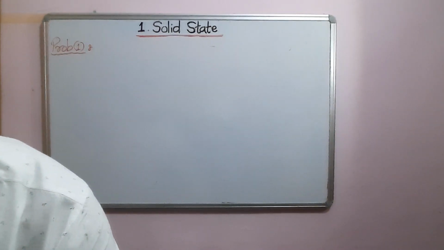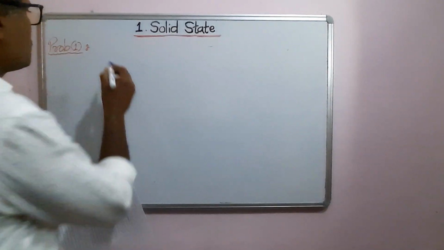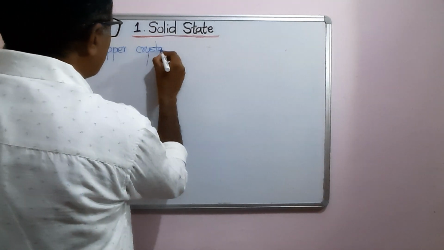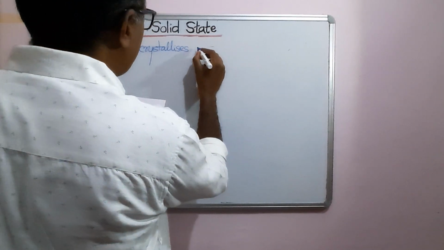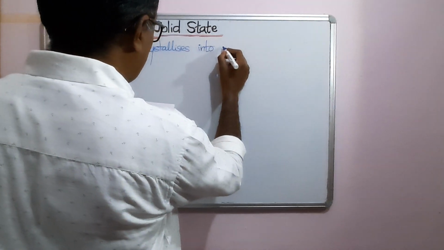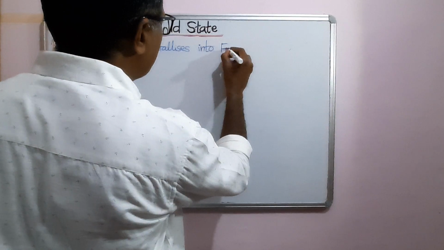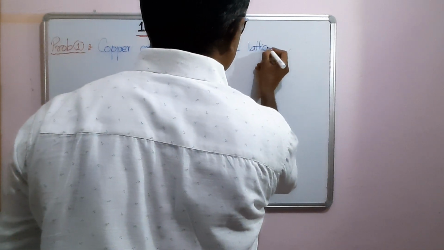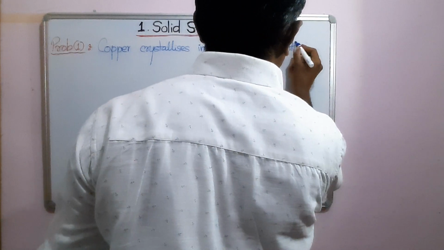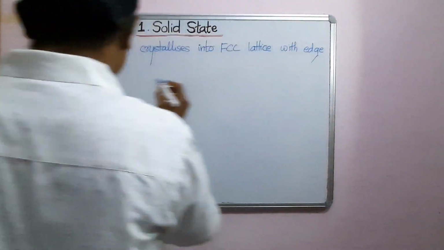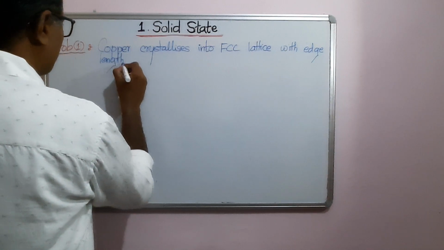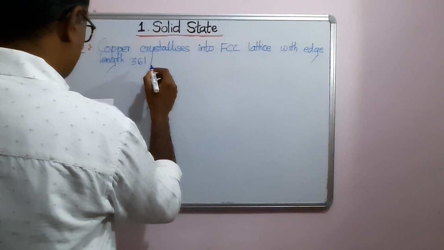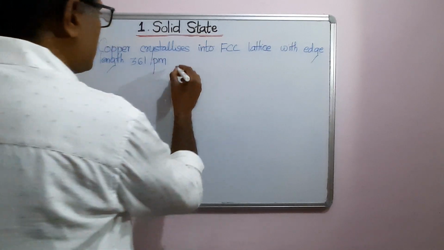So I will write the problem. Copper crystallizes into FCC lattice with edge length 361 picometer.